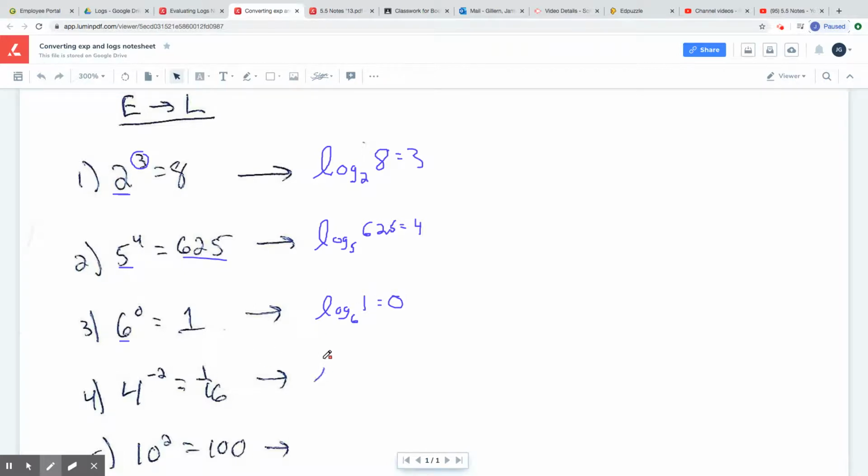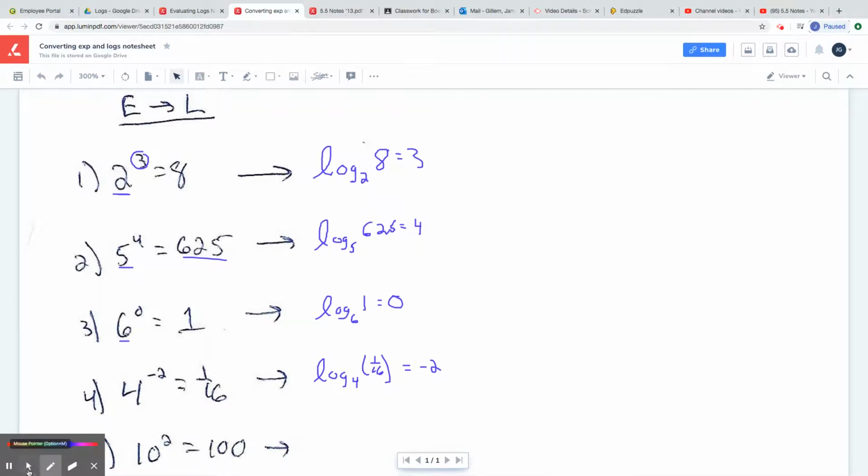This would be log base 4 of 1/16, just put in parentheses to make it easier to tell that the 16 is on the bottom, equals -2. So the base of this equals that.